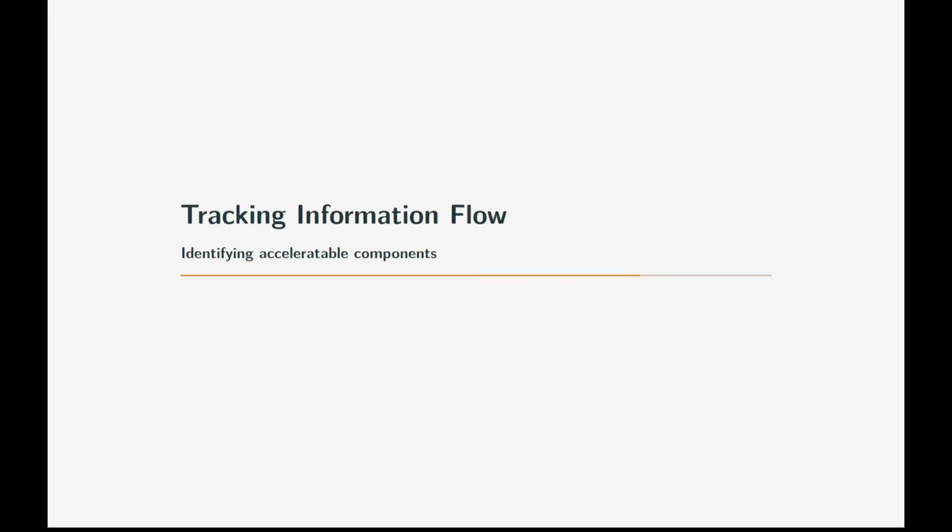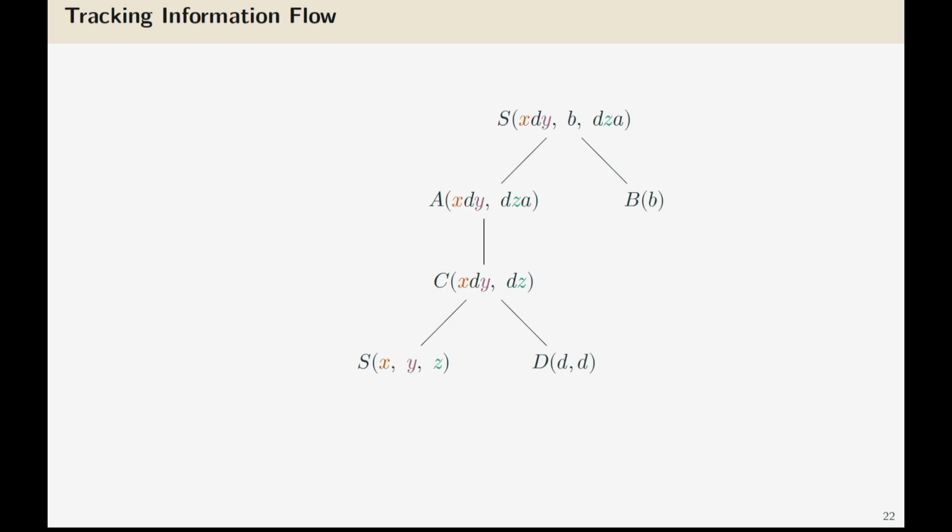Okay, so how do we approach this? First, we want to identify which components are acceleratable. And here is some derivation tree. And now I'm going to draw these connections between the non-terminals in a bit more detail by looking exactly at which components go to which components.